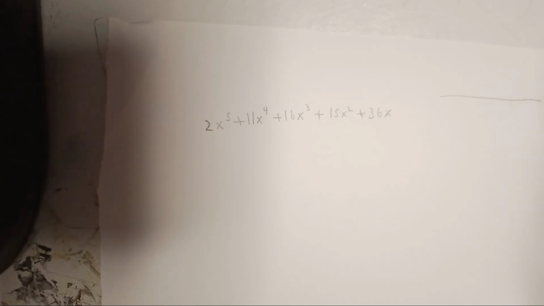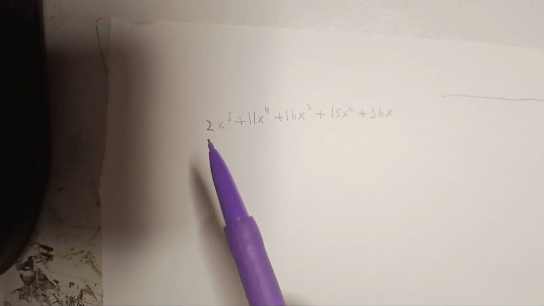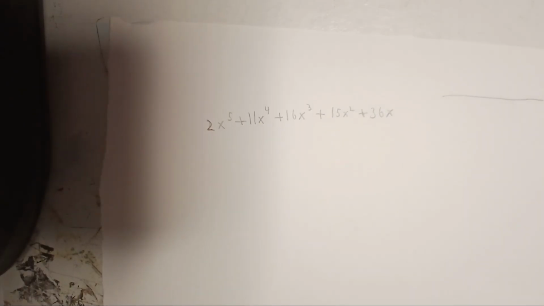Okay, first thing we're going to do is, because all the numbers here have an x, that means they have a factor of x. So the first thing we're going to do before we start anything is factor out x.